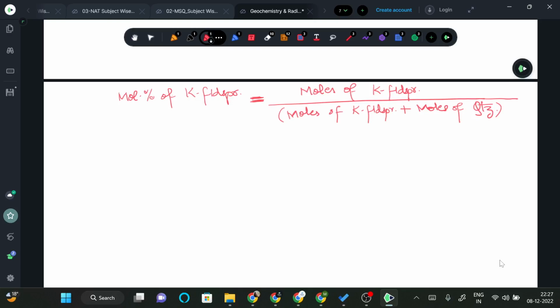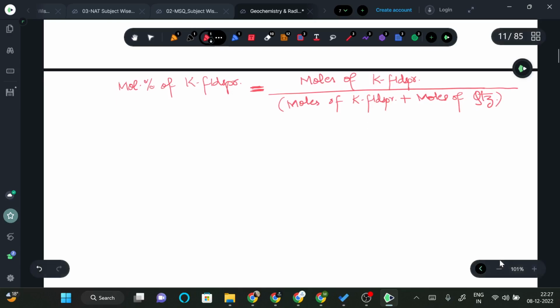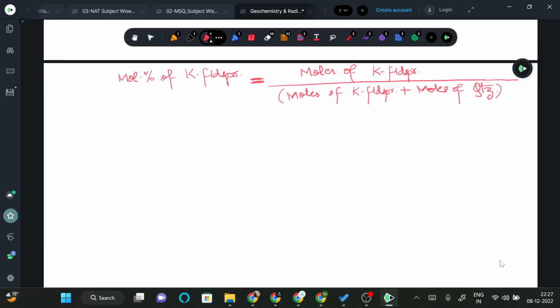So here we have, now from here actually we will start the calculation keeping this thing in mind. If you wouldn't have taken this thing in mind, then you must have got confused somewhere. Okay, so if you wouldn't have had this clarity that quartz will be the leftover part and quartz and K feldspar will together form the rock.